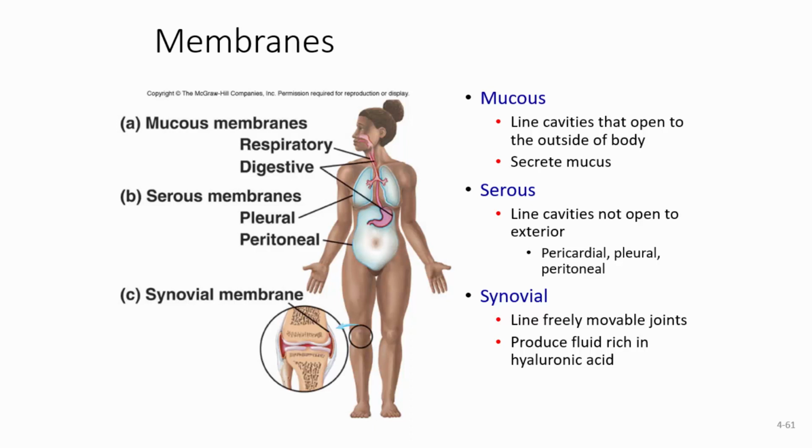Let's go back up to mucous and serous membranes again. The way we tell these apart is, again, mucous membranes come in contact with the external environment. So if you take your finger and stick it in your nose, what are you touching, a mucous or serous membrane? Well, you're touching a mucous membrane. But if you take a different finger, put it in your mouth, what are you touching, mucous or serous?